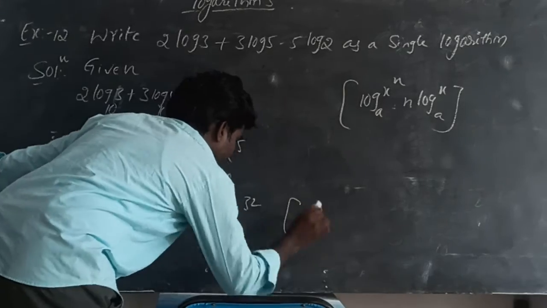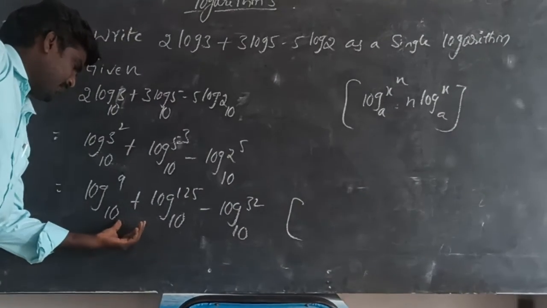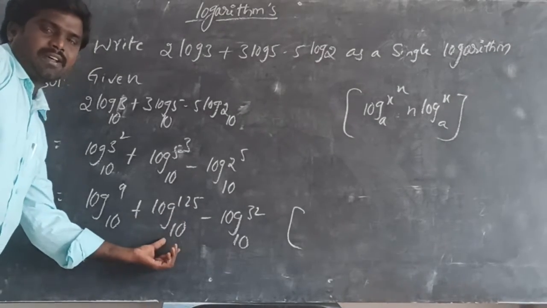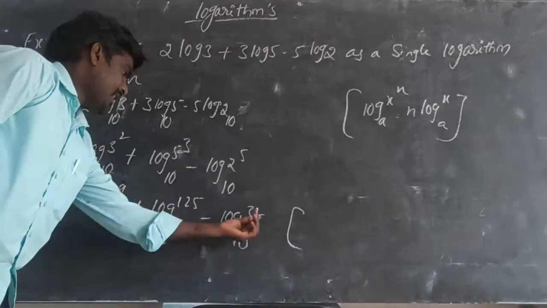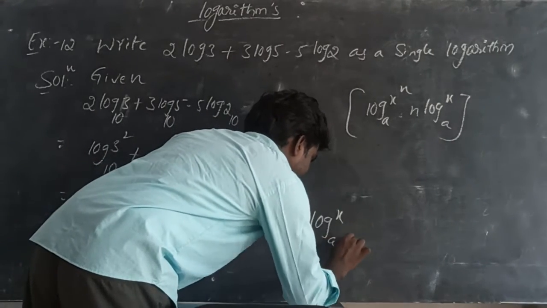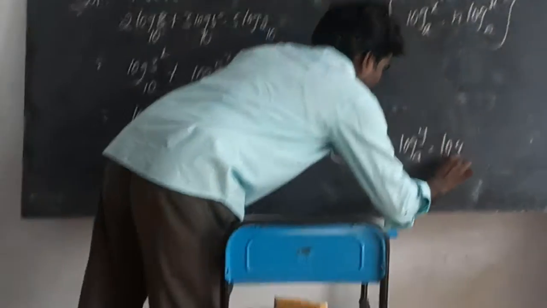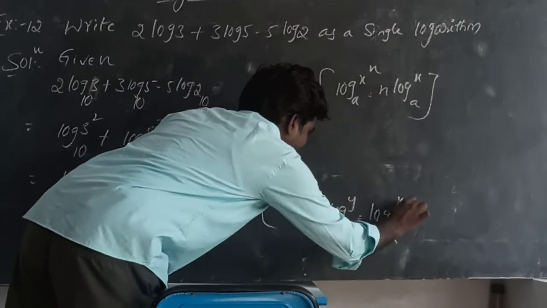Here we can go either way. First we can apply log x base a plus log y base a, or log x base a minus log y base a. Here log x base a minus log y base a is equal to log of x by y base a.